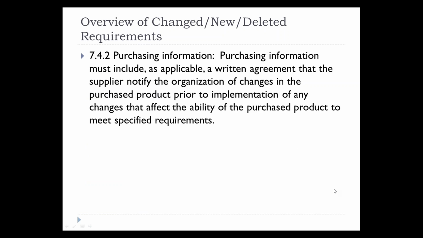Purchasing information must include, as applicable, a written agreement that the supplier notifies the organization of any changes in the purchased product or service prior to implementation, of any changes that are going to affect the ability of the purchased product to meet specified requirements. So the organization needs to be notified in advance of the change being made.